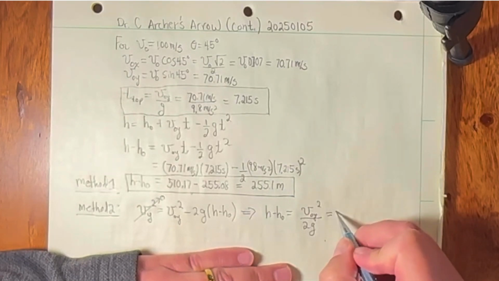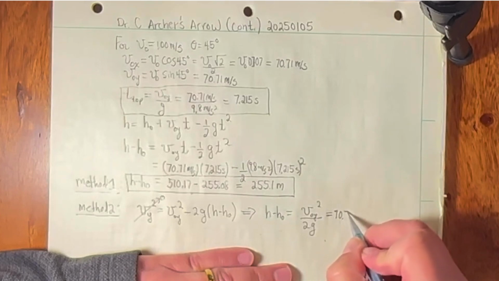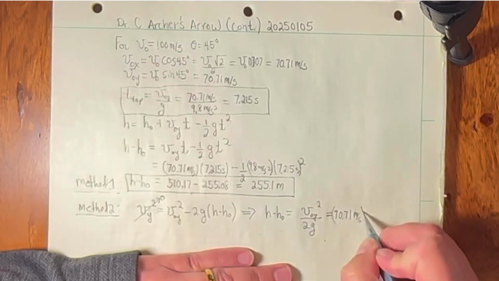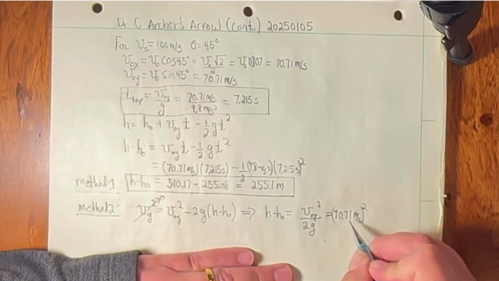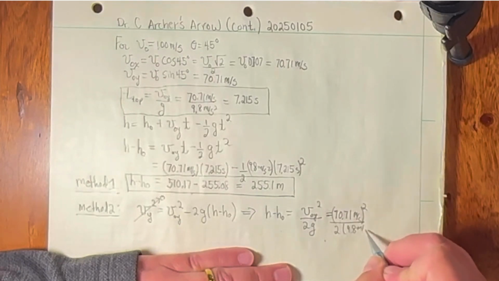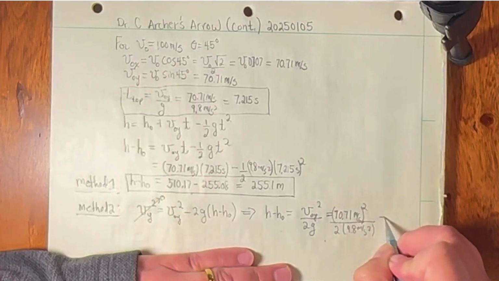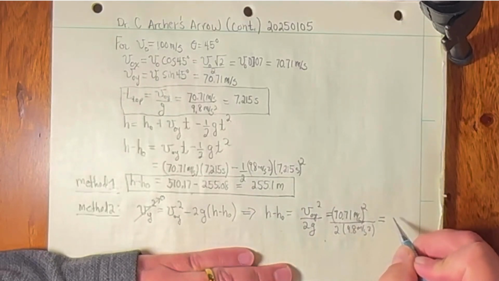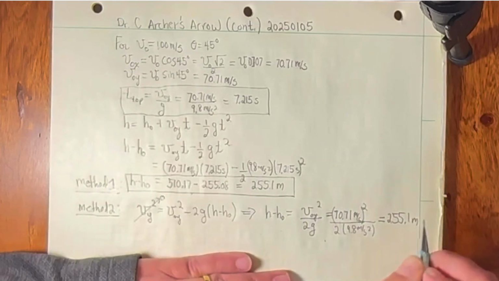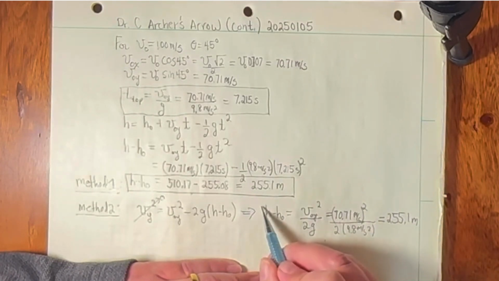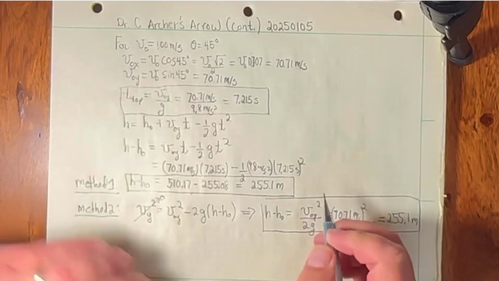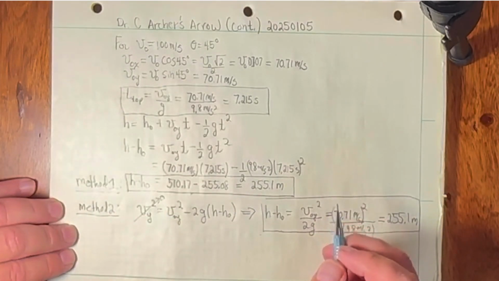We get 70.71 meters per second for the initial velocity, and we square it, divide by 2 times 9.8 meters per second squared. Computing that gives us 255.1 meters. So that's method 2. Same answer, so it should be. It's just an algebraic difference.